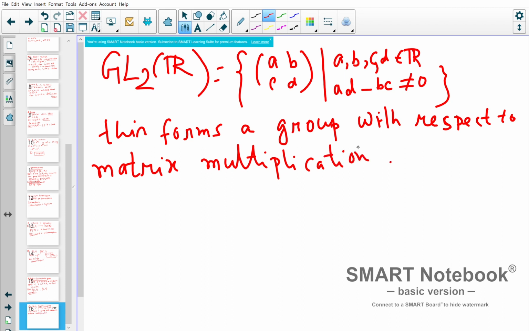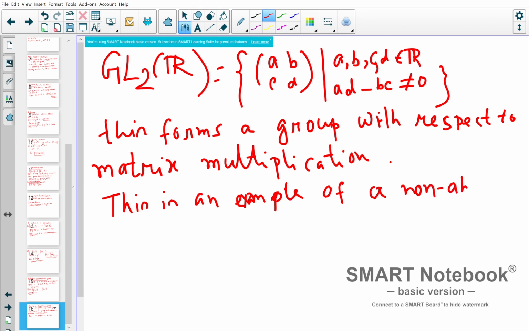Okay, so this is an example of a non-abelian group.